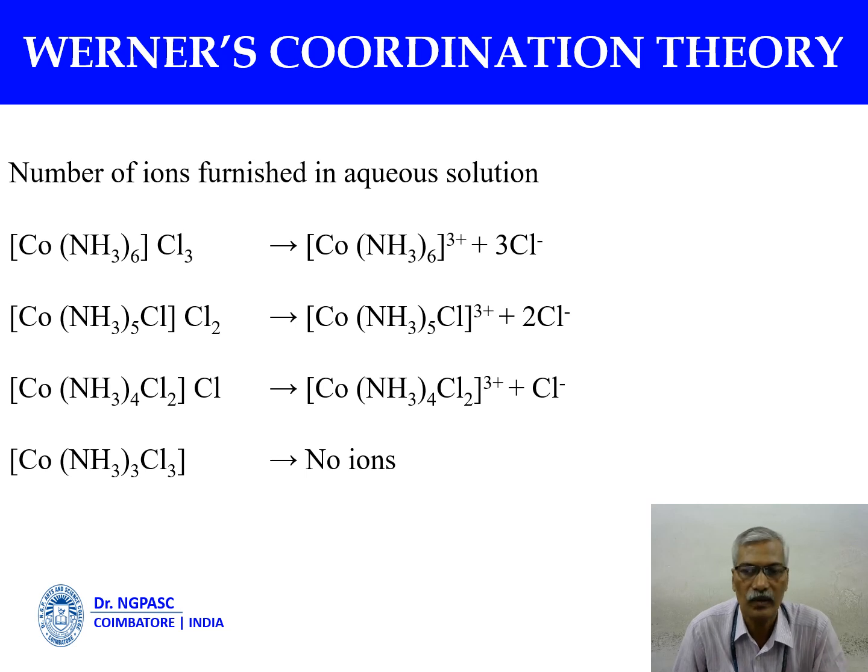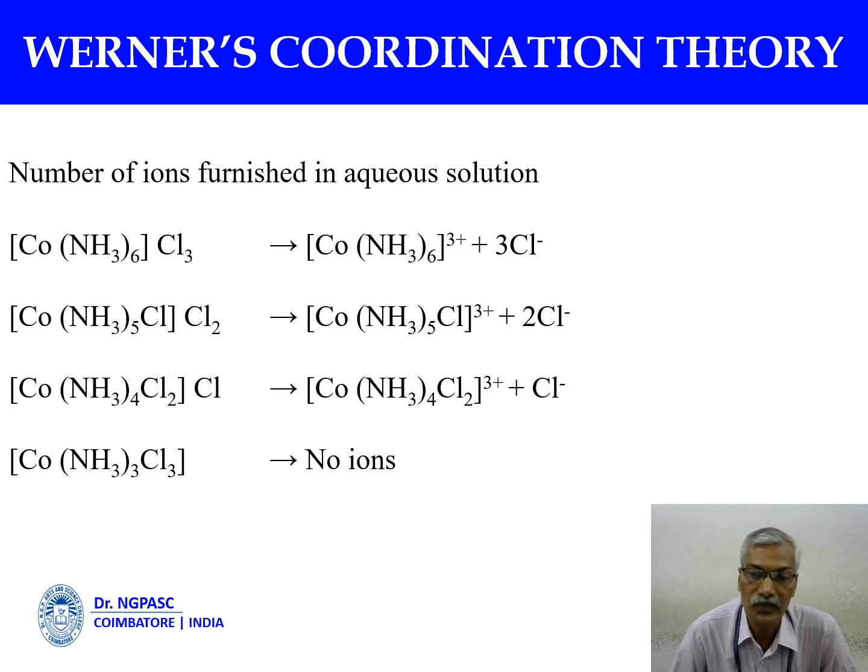First, let us look at the structure, and then we will go to the theory and the important points on the theory. See, first you look at compound 1, which gets ionized and gives you a complex cation having a 3+ charge along with 3 Cl- ions. Similarly, in compound 2, there are 3 chlorine atoms present. Visually we can see that, but when it gets ionized, it gives out only 2 Cl- ions. What about the third chlorine?